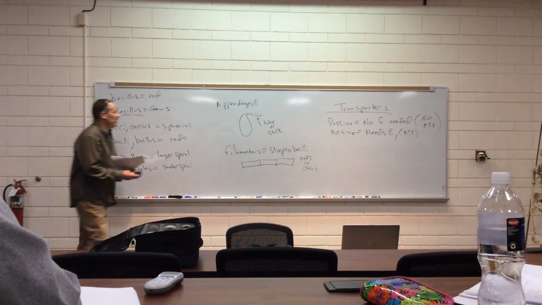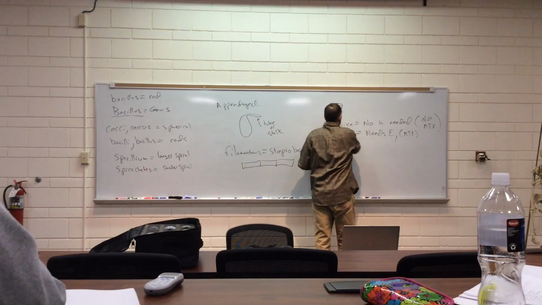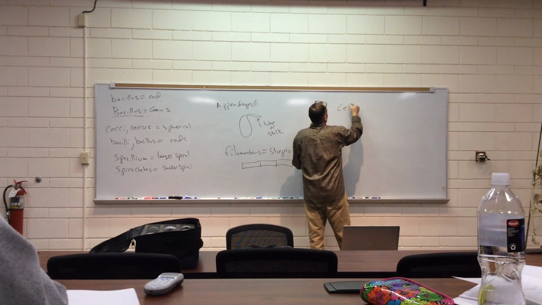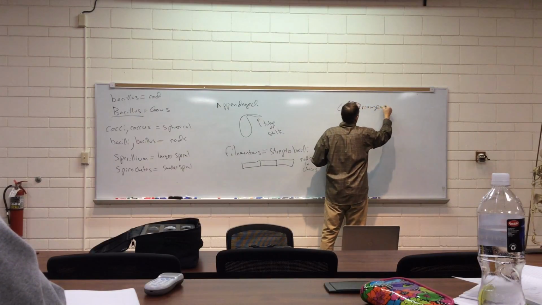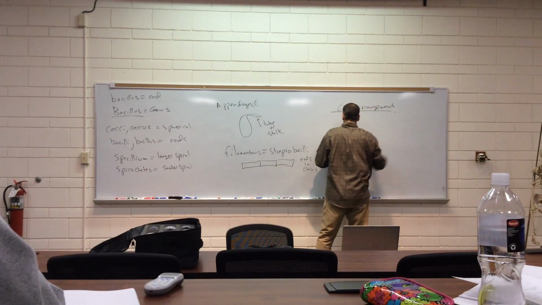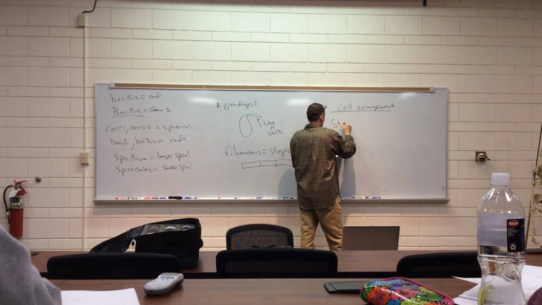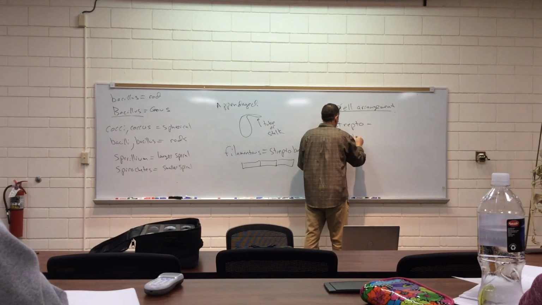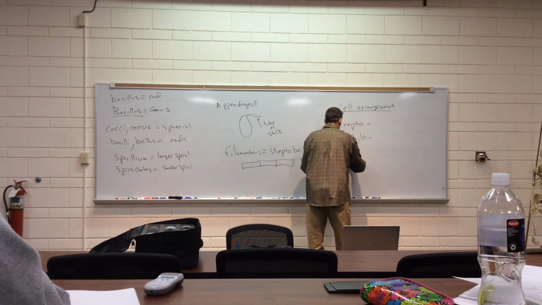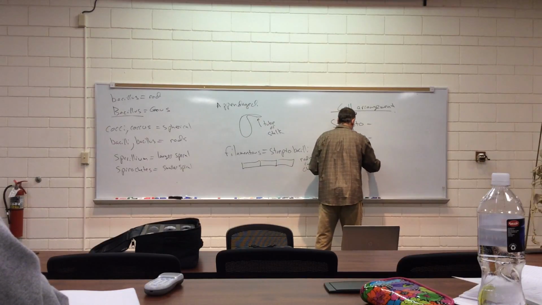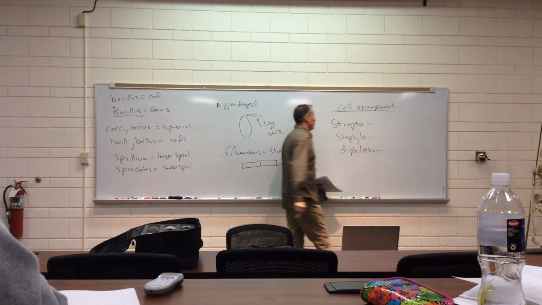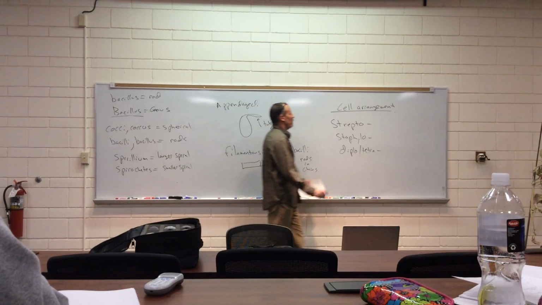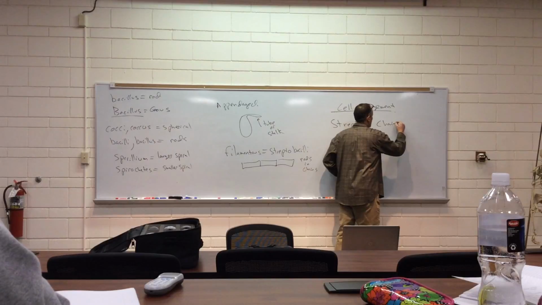So with that being said, we have cell arrangement as well, and we've talked about this in lab already. So it's not the shape of the cell, but what we see as far as arrangement. These are always prefixes. So we can have strepto. So for instance, streptococcus. This means that we have chains of organisms.